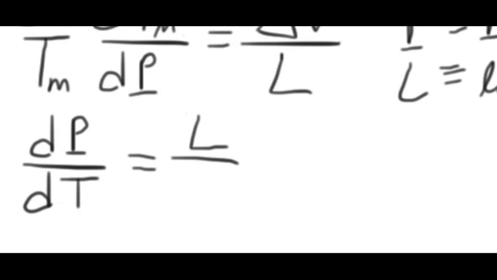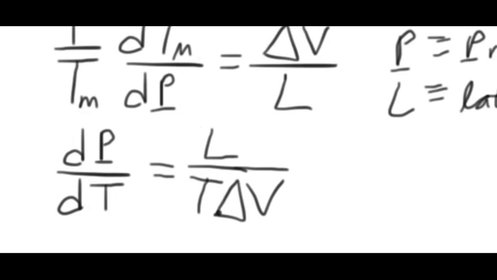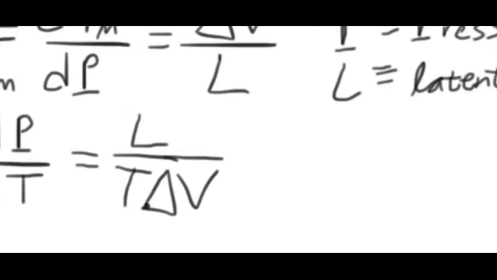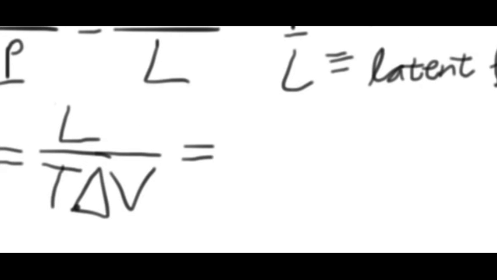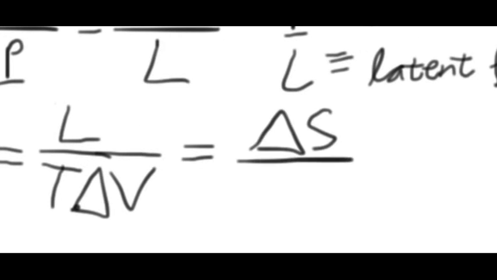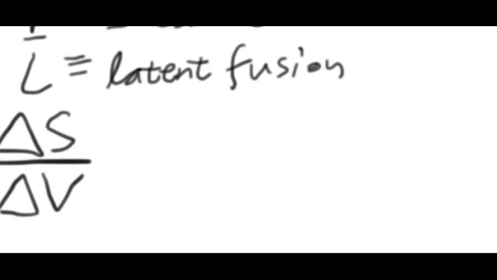Okay, so if I just rearrange this a bit, what I get is dP/dT, the slope of the pressure as a function of temperature, equals latent heat of fusion over T times change in volume, and that equals the change in entropy over the change in volume, since our change in entropy is our latent heat of fusion divided by the temperature.